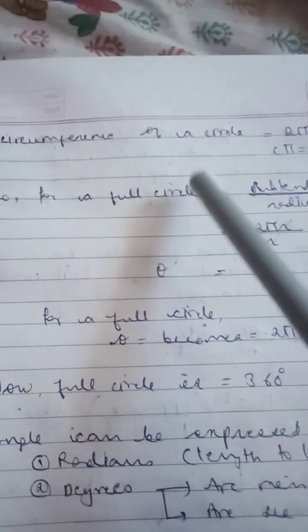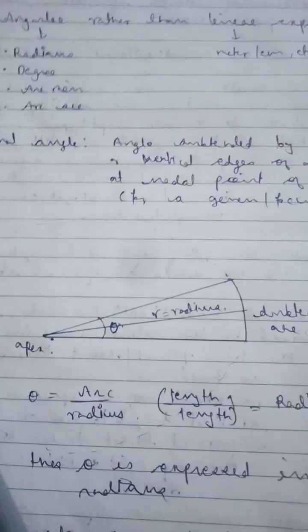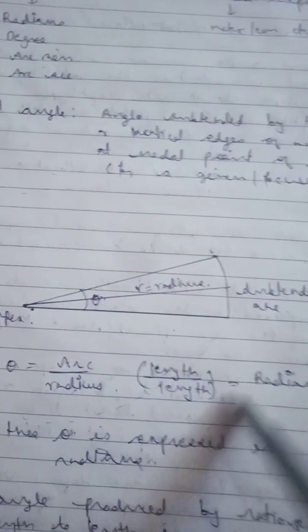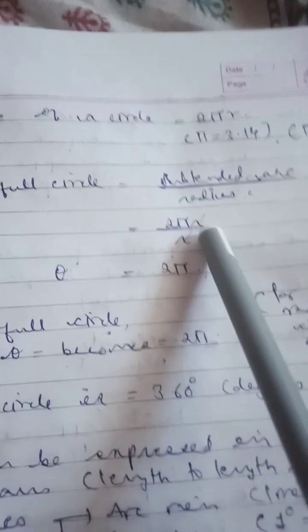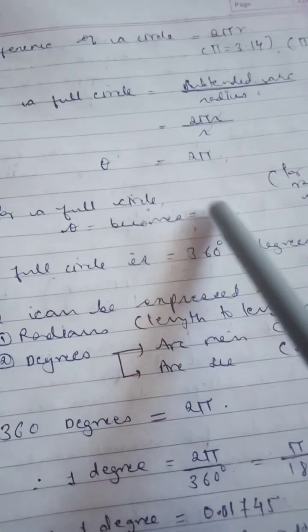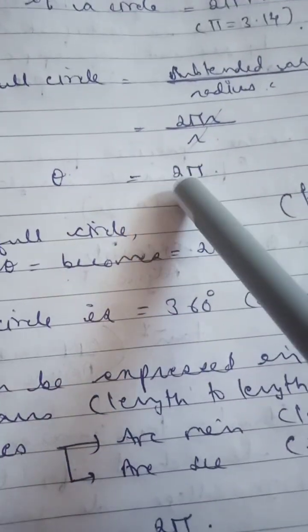So what theta do we get? 2 pi for 360 degrees. If theta is 360 degrees, this subtended arc would be 2 pi r, the circumference of the entire circle, and its radius is r. So theta is 360 for the entire circle, and we have got this value, 2 pi.